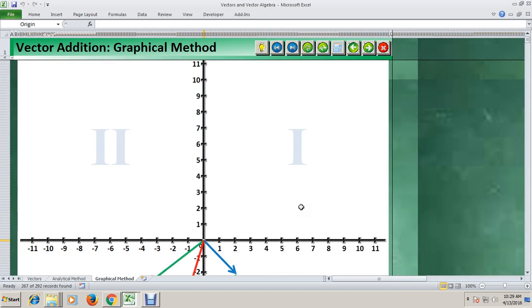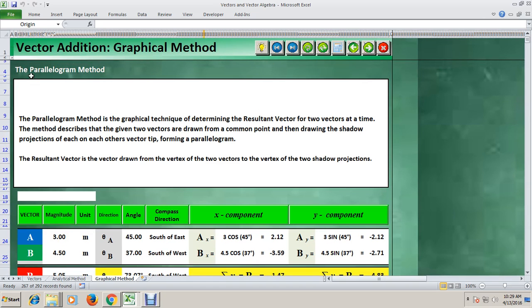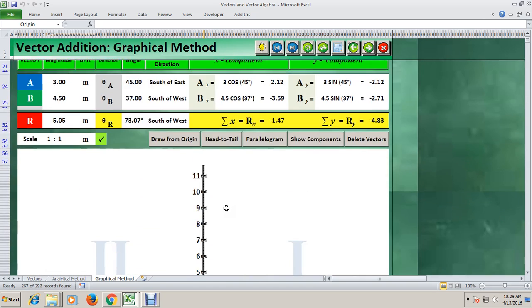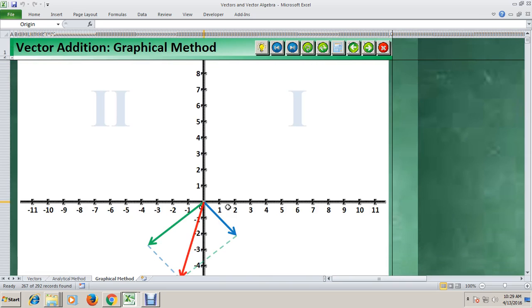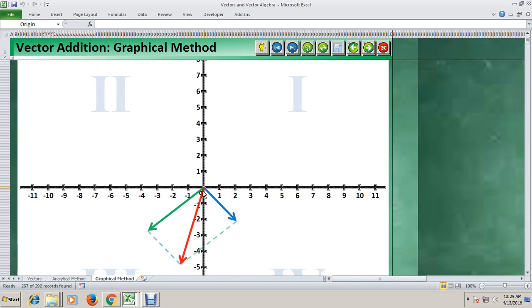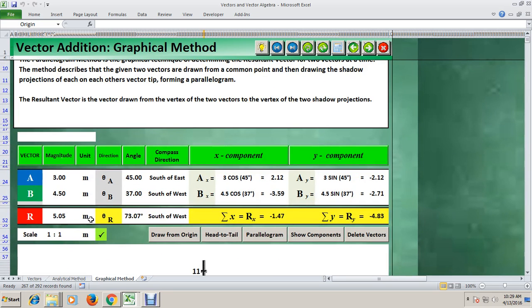Now, as described in the concept, the idea of the parallelogram is that you draw the two vectors on a common vertex, such as the location of the origin. So in this given set, we have the blue vector as vector A, the green vector as vector B, and again, the red vector is our resultant vector.